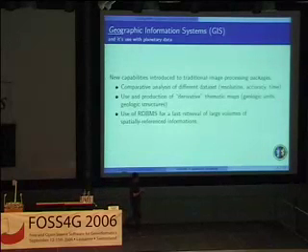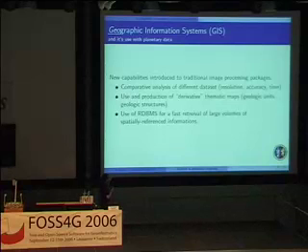The planetary imaging and processing systems were specifically designed to deal with planetary data. So they were going to project data, to clean data, to serve as an image processor, basically.